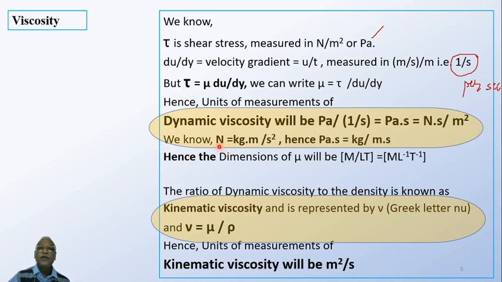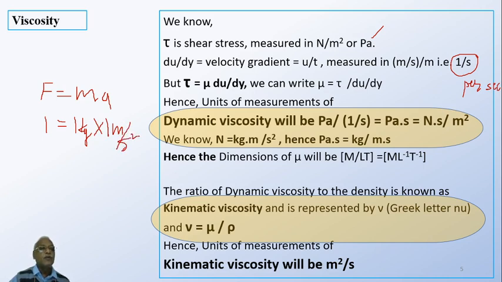We know 1 Newton is nothing but 1 kg meter per second squared, because of F equal to ma. Everyone knows, right? If I substitute 1 Newton force applied on 1 kg of mass, then 1 Newton is such a force that it will produce an acceleration of 1 meter per second squared on 1 kg mass.